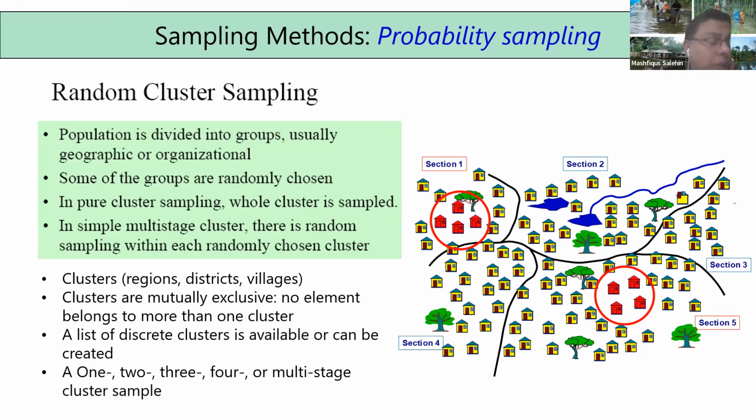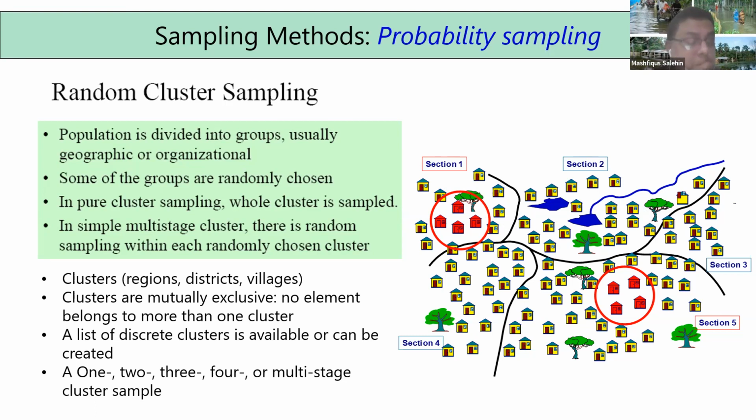This would be your single stage, not much used anyway. But it could also be two-stage cluster sampling, where you select your clusters, and then from the clusters you select your samples. Or it can also be done in multiple stages.